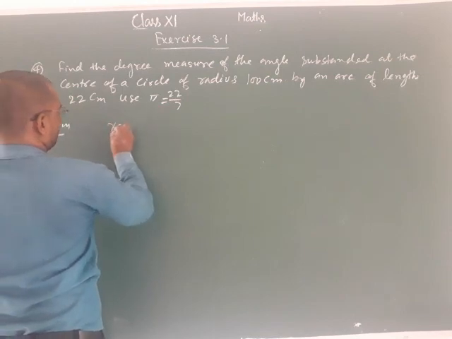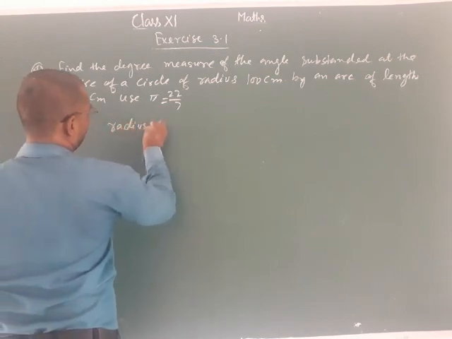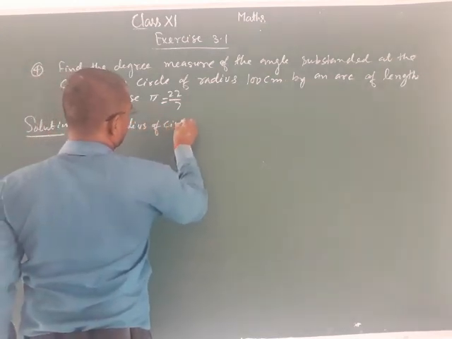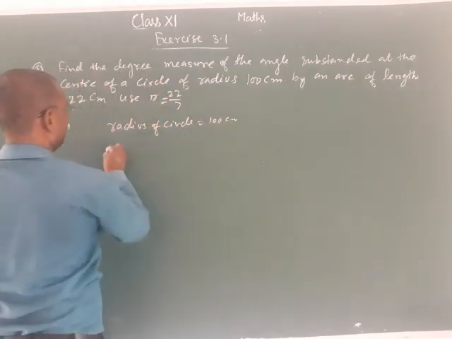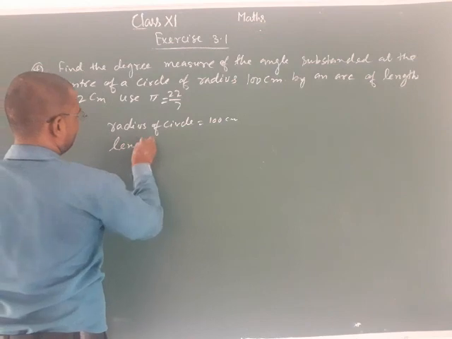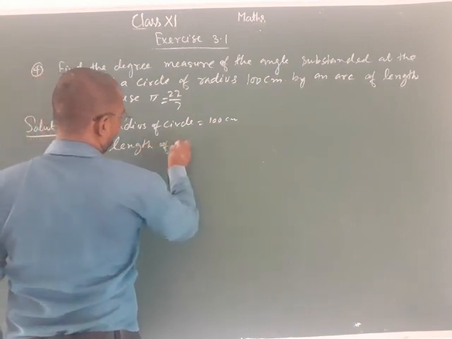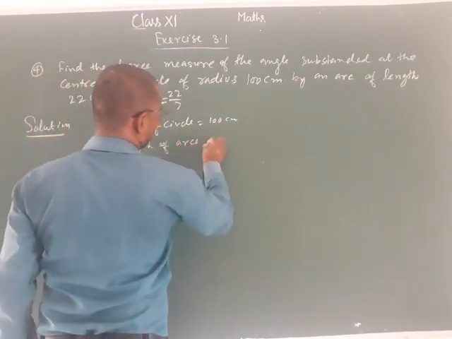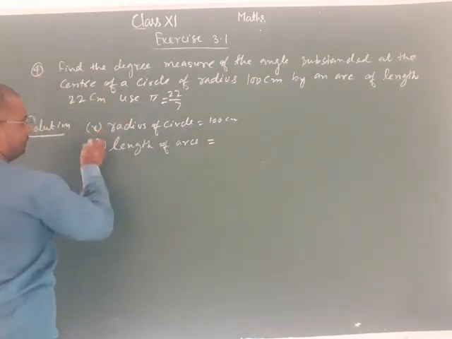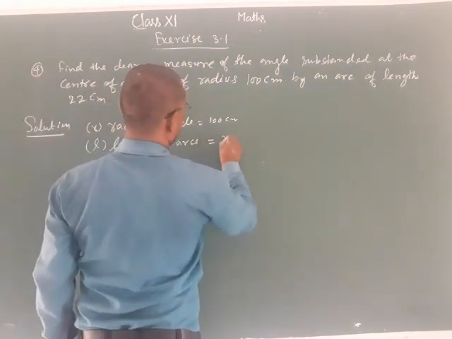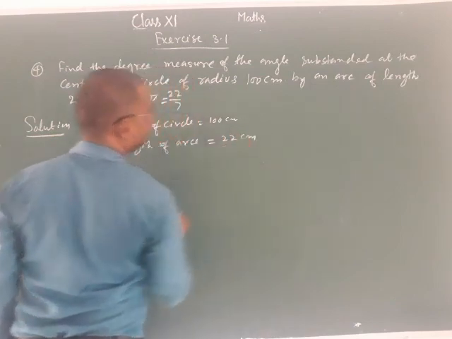Now, radius of circle is equal to 100 centimeter, and length of arc is equal to 22 centimeter.